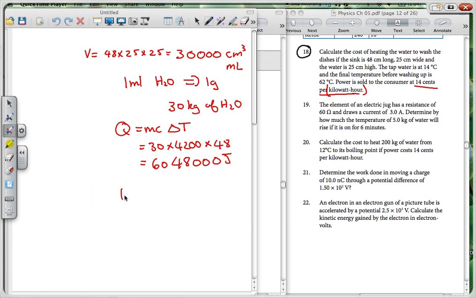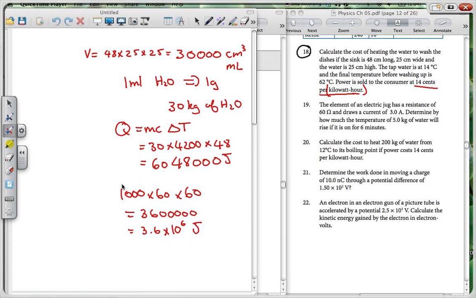It's going to be 1000 times 60 times 60, and that is 36, and then there are 5 zeros. So it's actually equal to 3.6 times 10 to the 6 joules. So that's how many joules there are in a kilowatt hour.